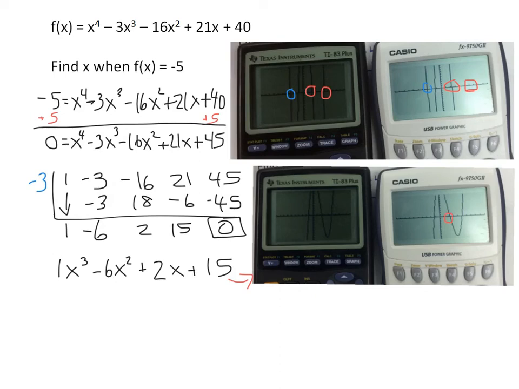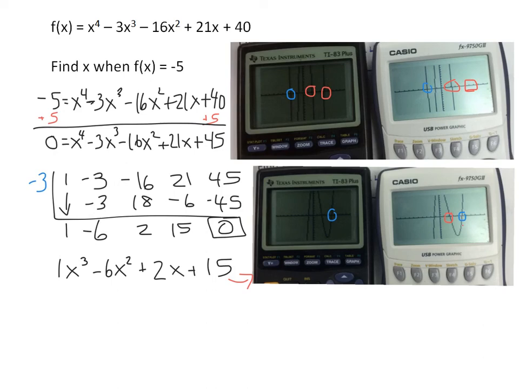If you put that in for trace 2, it is going to give you y equals 3, which is not what we want. So then maybe we try 4. Or is that 5? 1, 2, 3, 4, that's 5, sorry. We're going to try 5 and use trace to check it, and it is a 0. So x equals 5 is our next 0 that we are going to use in synthetic division.